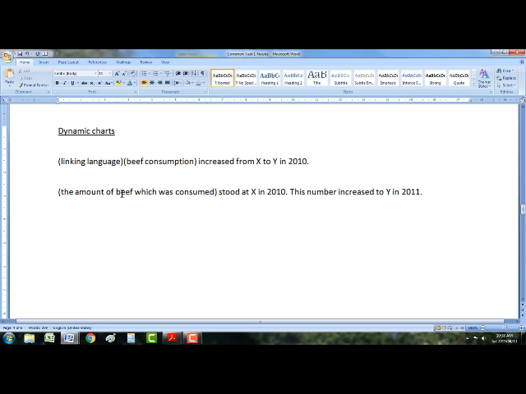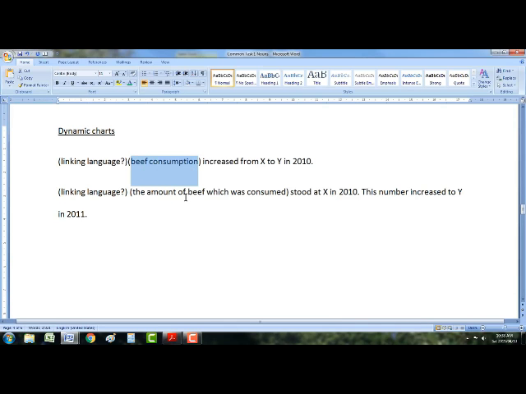Of course, we put linking language in at the beginning sometimes. You don't have to put linking language in every time, just sometimes. So I'll put a question mark there just to say sometimes we put linking language in. And the same thing for this one. So that's where we are. Now the reason that I don't include noun phrase 4 in these is because the sentence structure is different.